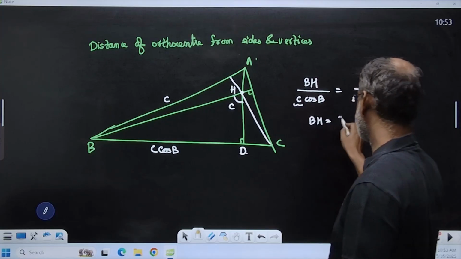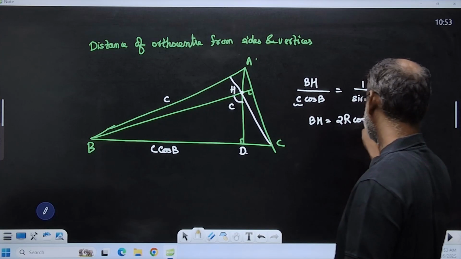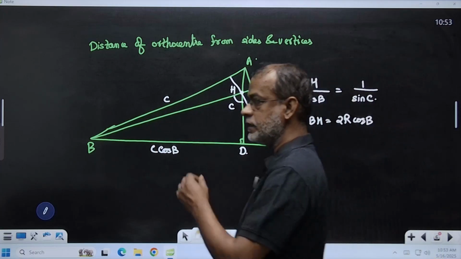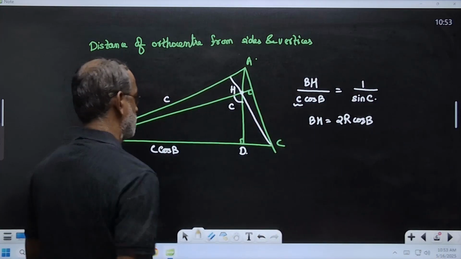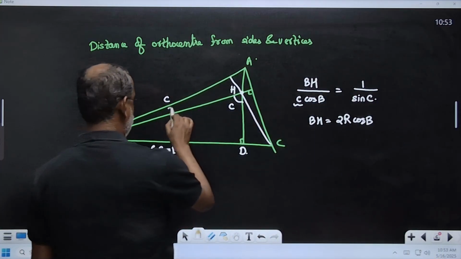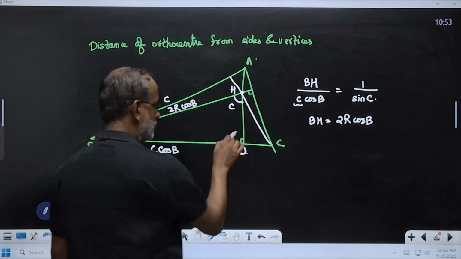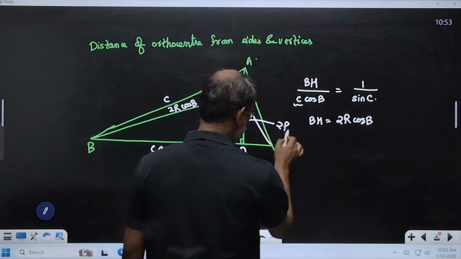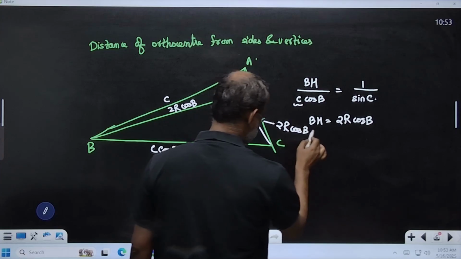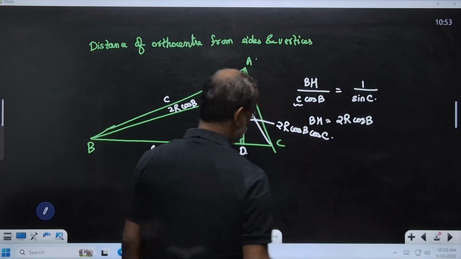C is 2R sin C, so BH is 2R cos B. Sin C gets cancelled. So, this is 2R cos B. So, this is base, this is 2R cos B cos C.